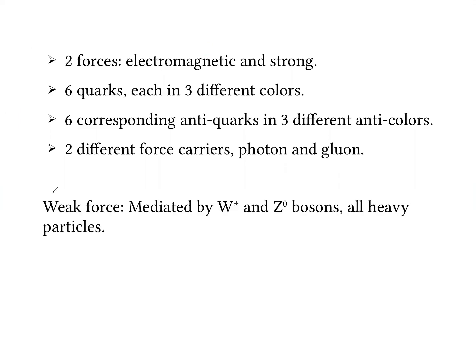Now there is another force called the weak force. So far we saw the electromagnetic force and the strong force. The electromagnetic force we can observe outside, just like chemical bonding, but the strong force is inside the nucleons, proton and neutron, and we cannot see it. There is a weak force also, which is inside the nucleus.